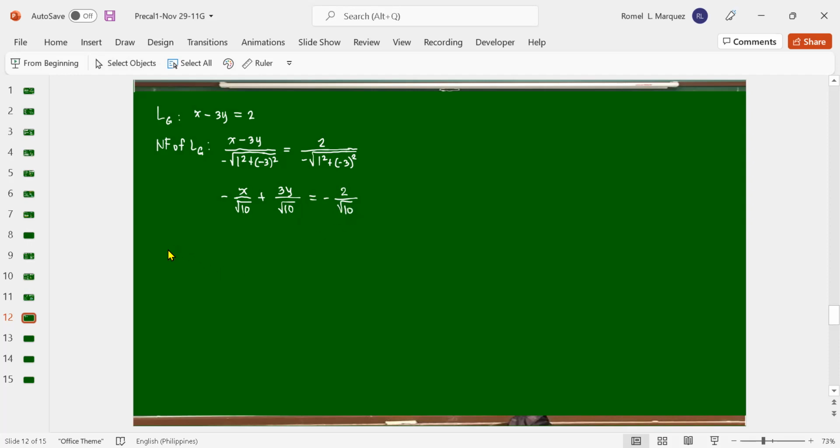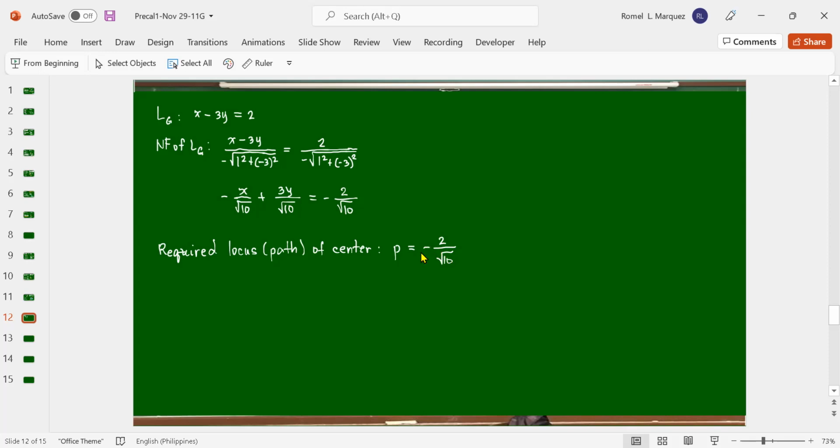Okay? So for the required locus, that is the path of the center, we have P equal to negative 2 over square root of 10.